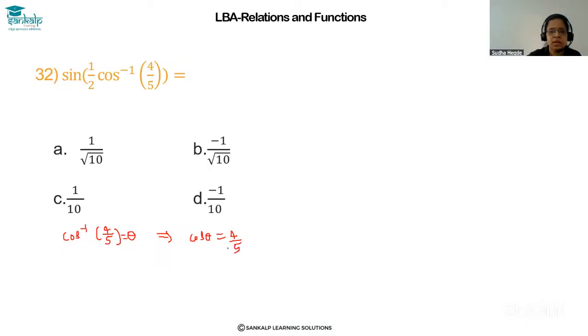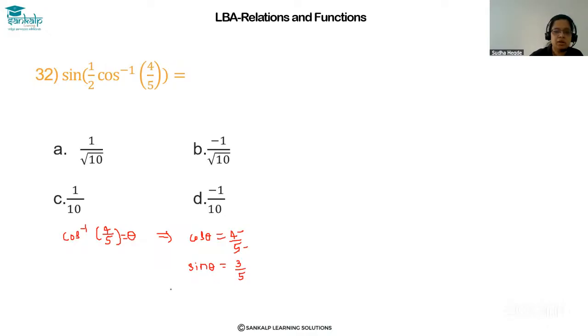Okay, cos theta is equal to 4 by 5. This is adjacent, this is hypotenuse. So opposite will be 3. Therefore, sin theta is equal to 3 by 5. Is that correct?